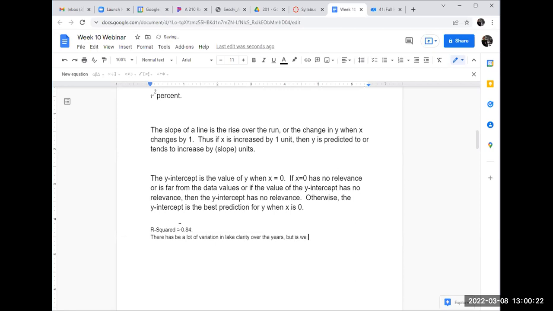But if we just focus on years that are all close to each other, then the average variation in lake clarity is 84% smaller.